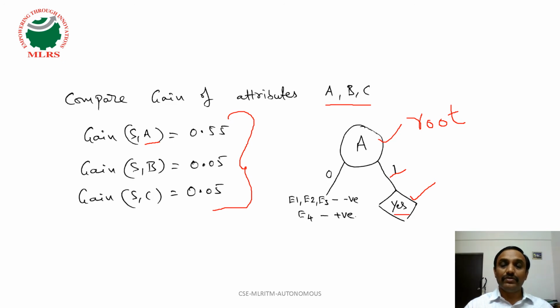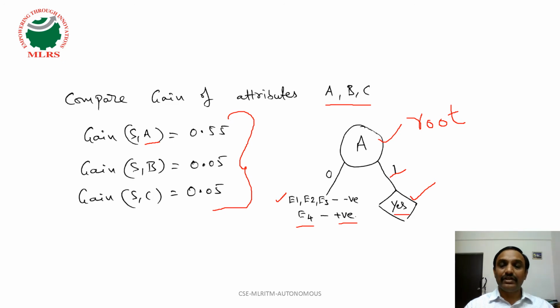Now come to the other one, where the A value is 0. In that case, example 1, example 2, example 3 are giving the negative result and example 4 is giving the positive result. So here no fixed decision comes. So again we have to repeat this process to find the node for A value equal to 0.